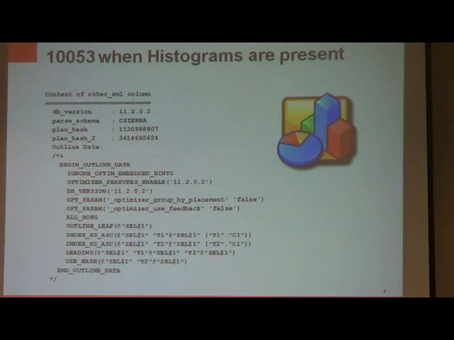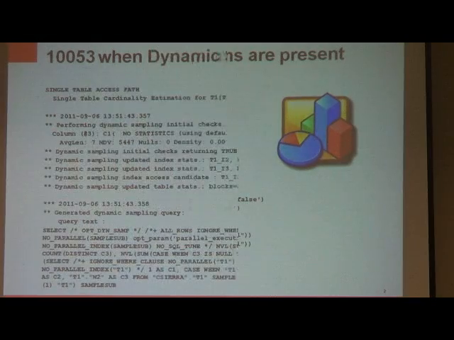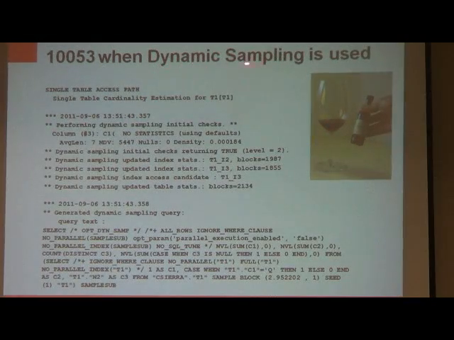It doesn't matter. Okay? If I use dynamic sampling, when I look at the 10053, I will see some marks about dynamic sampling. This is important because if my SQL is taking a long time to parse, and I see dynamic sampling, I may suspect the SQL that produces the dynamic sampling.